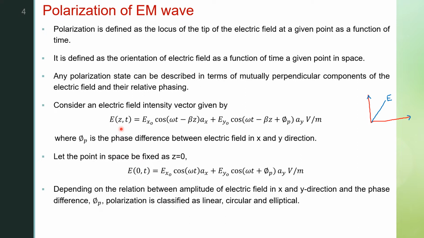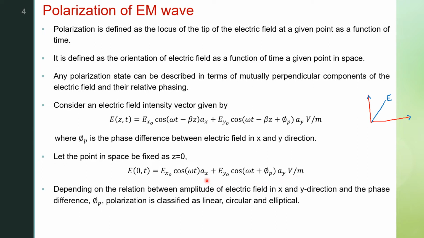When z equals 0, we can write it as E of 0 comma t, which is equal to Ex0 cos omega t Ax. Here it was omega t minus beta z, but since z is equal to 0, we have only cos omega t. That is Ex0 cos omega t Ax plus Ey0 cos(omega t plus phi p) Ay volt per meter.